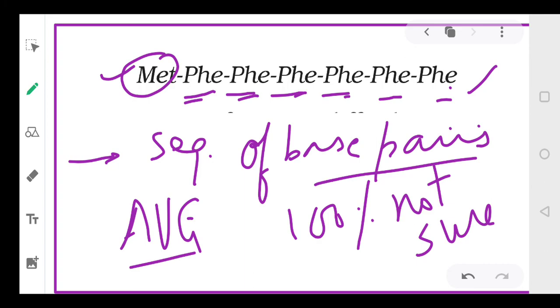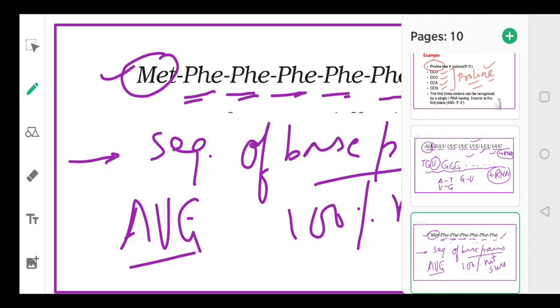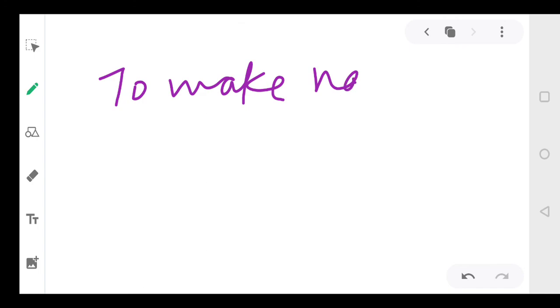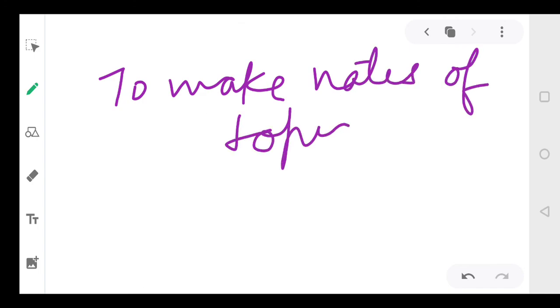Okay, so your homework for today is to make notes of this topic. Okay, dear students, make notes of the topic. And secondly, since we have completed the genetic code, you will complete this topic, and you will attempt NCERT questions related to this.